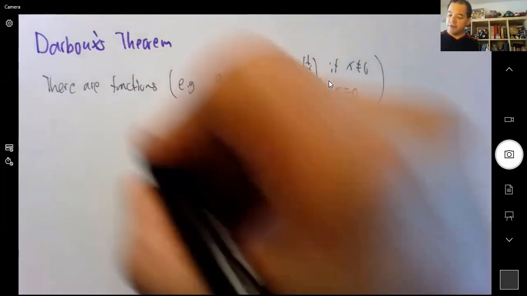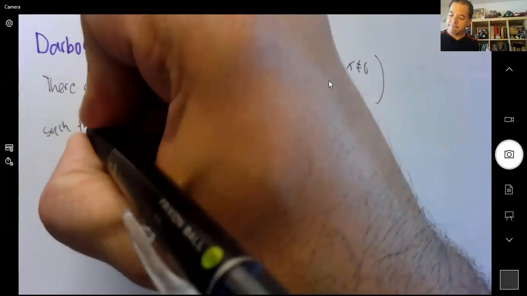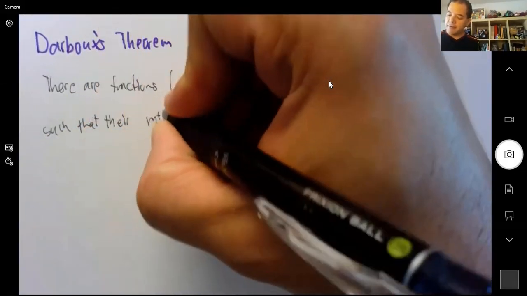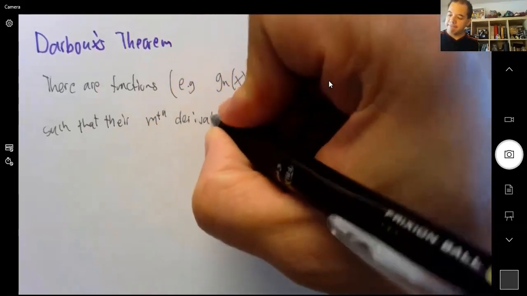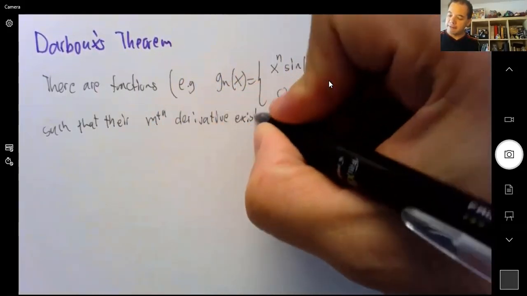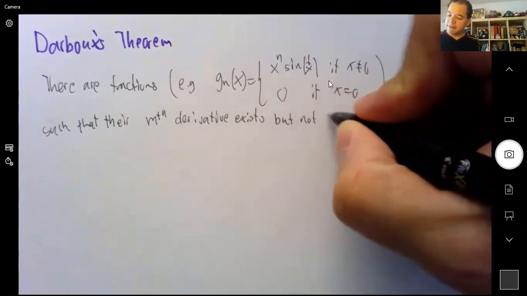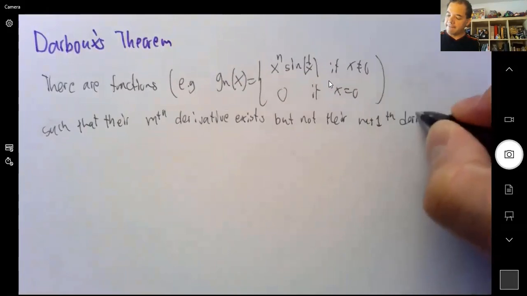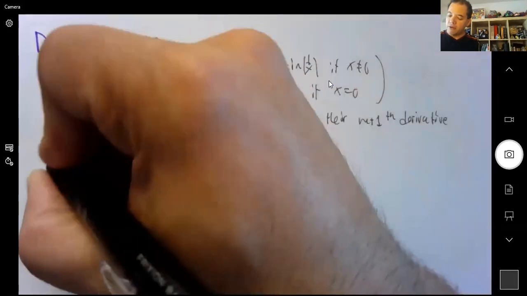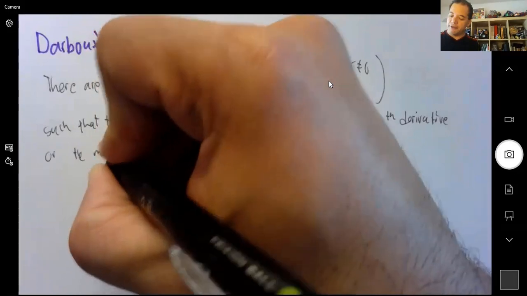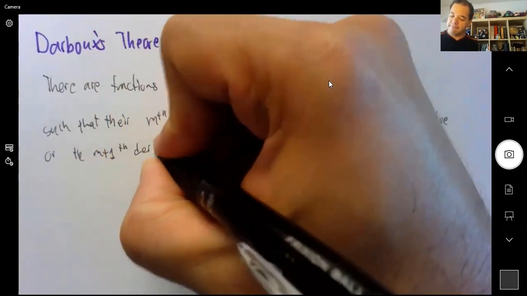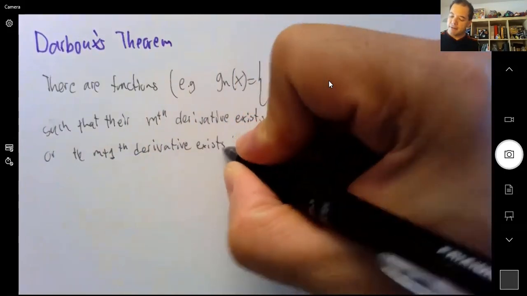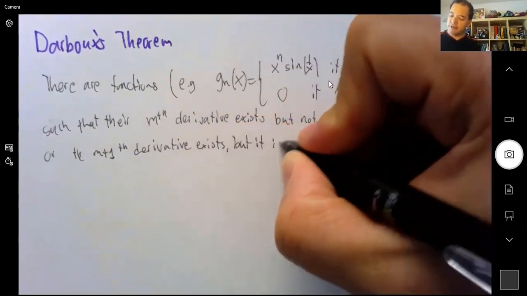There are functions such that their mth derivative exists, but not their m plus 1th derivative. Or the m plus 1th derivative exists, but it is not continuous.